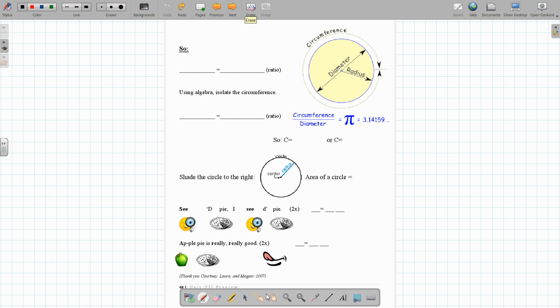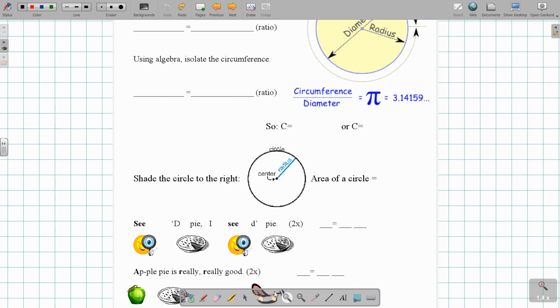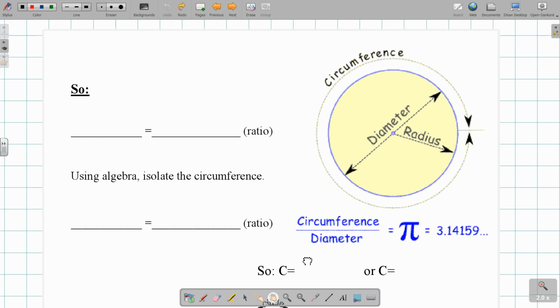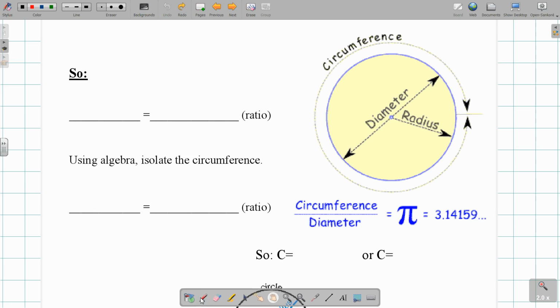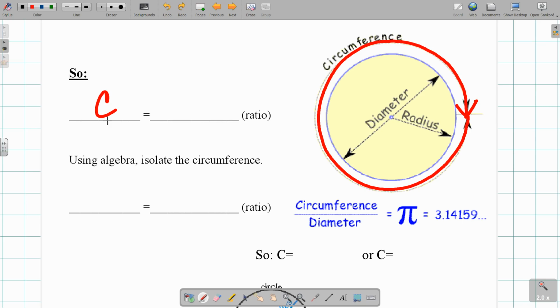Let's talk about that. So we know that regardless of the shape, there is a certain ratio that is calculated by dividing the circumference of a circle, which is going around, that's why we're drawing a line, by the diameter. Notice I use a capital C, and that is because it's wrapped around two dimensions.